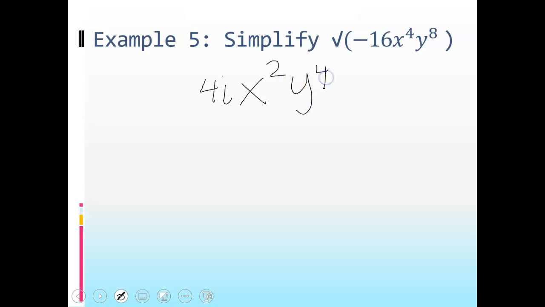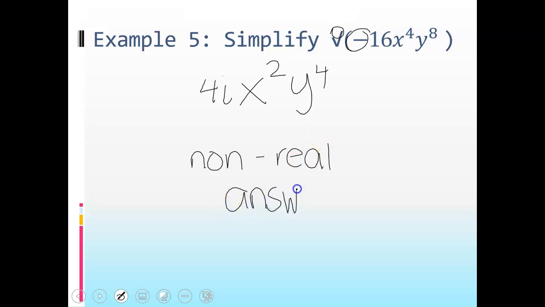Nope. If you didn't give me an answer with an i, go back to the first sign, and it said if you have a negative under an even powered square root, then it is a non-real answer. I would have taken no, or a non-real answer, or the i. Nothing else.